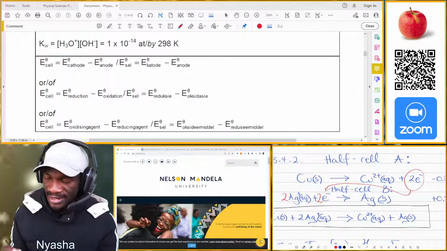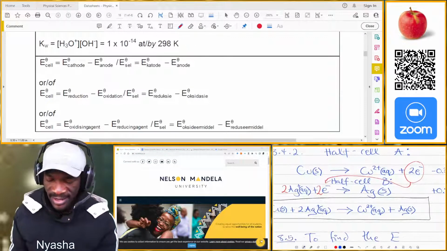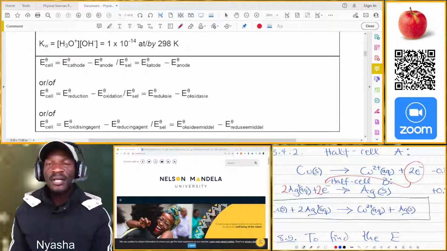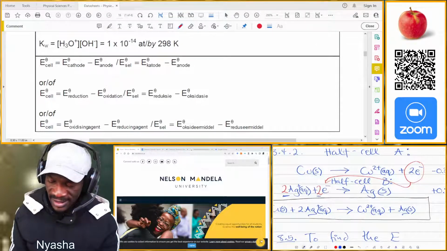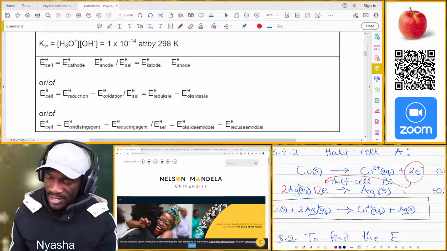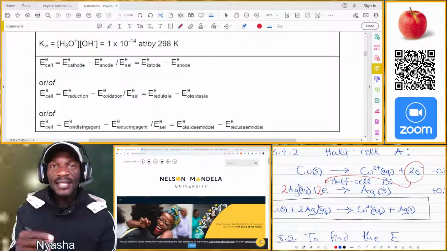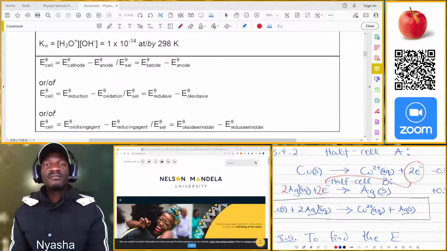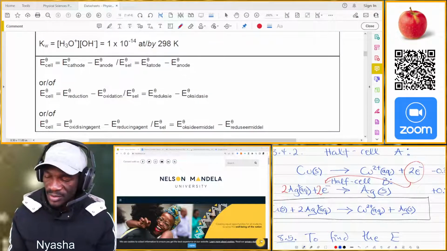Then in the second cell, half cell B, what we were looking at is the second equation, where we have the silver. So the silver equation, we had to balance it. Why? Because in this reaction, the 2 electrons donated by the copper are the electrons that will actually reduce this silver ion. So how do those electrons reduce the silver ion?